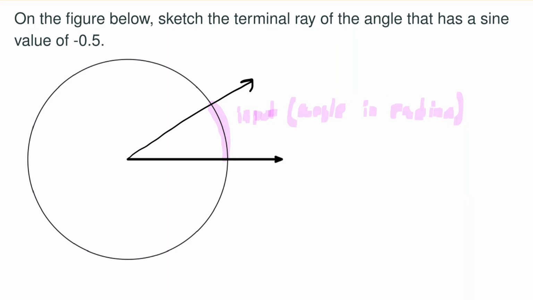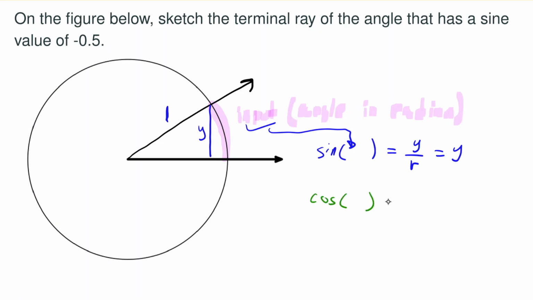let's say this length is y, and let's say this radius is 1. Sine of this input represents y over the radius length. In this case, the radius is 1, so it's just y. What does cosine represent?